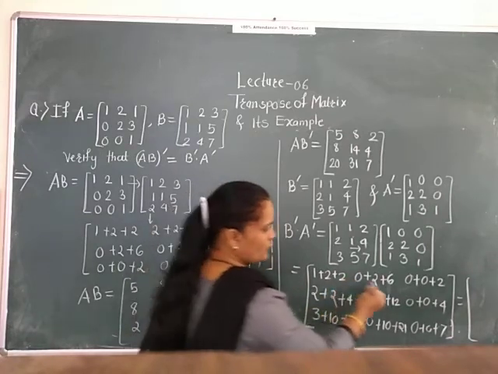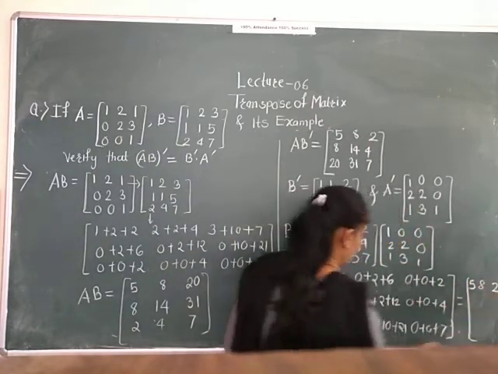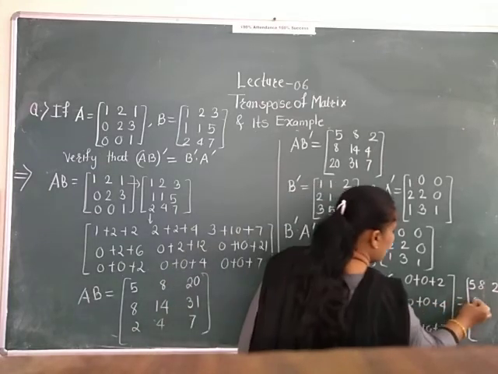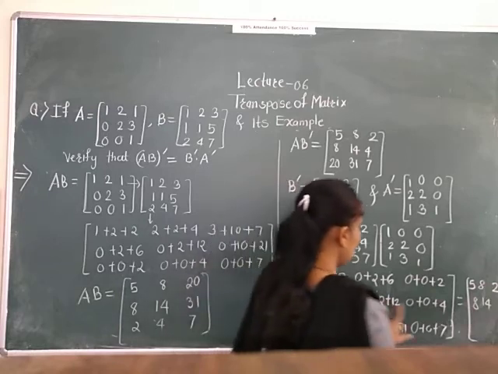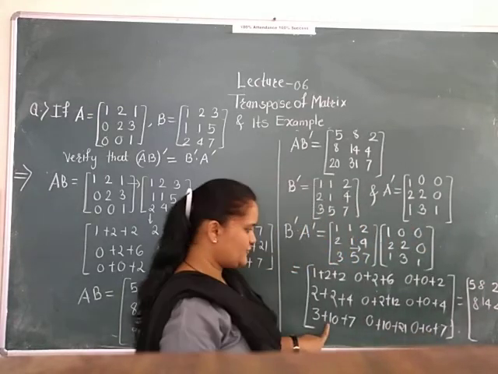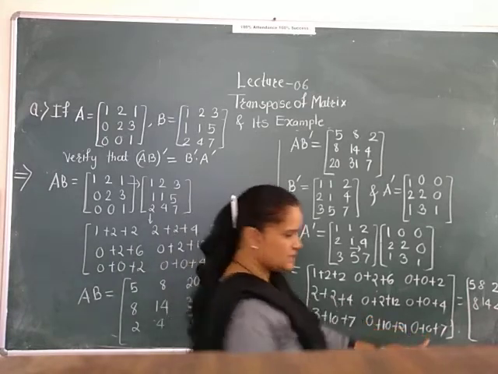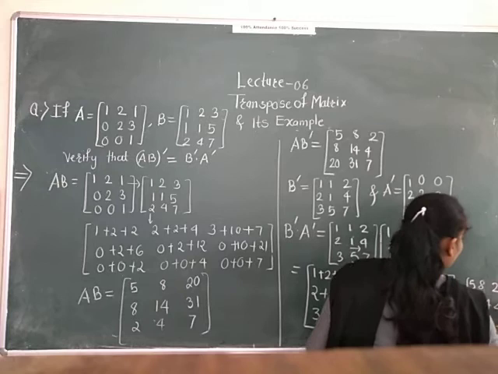This is 5, then 8, then 8, 14, then 4, 1, 7.